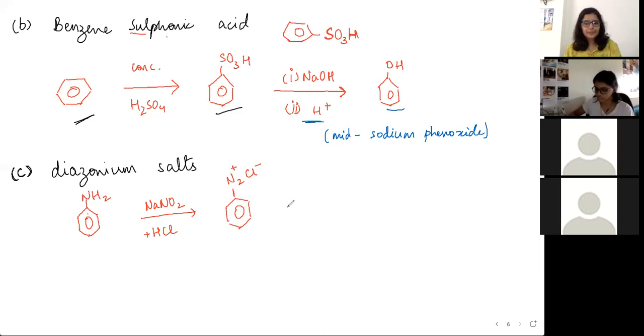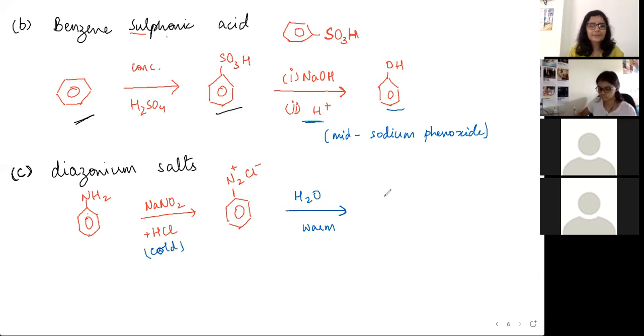Now, in haloalkanes, what you guys studied was that once you got this particular intermediate, you treat it with CuCl2, Cu2Cl2, and you end up with a haloarene. Instead of CuCl2, if you take water and warm it up a little bit, because this preparation is done in cold conditions, you end up with an alcohol or phenol.